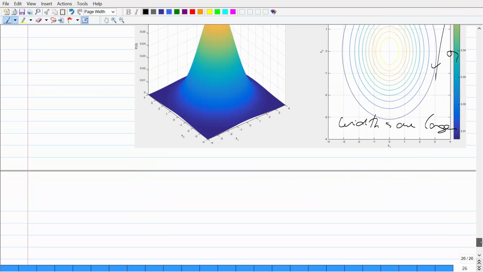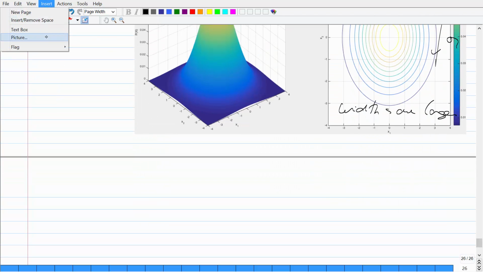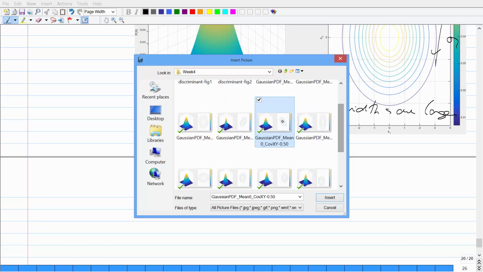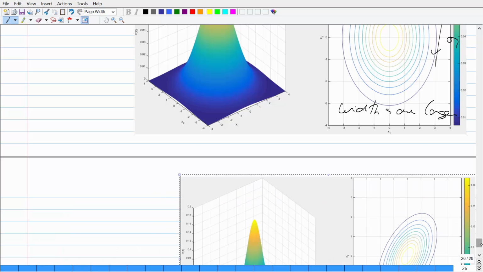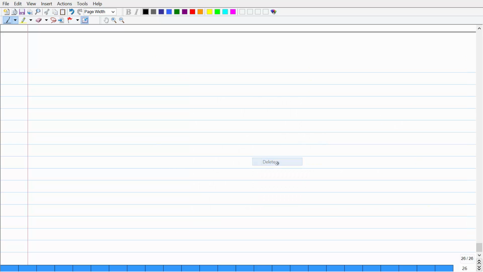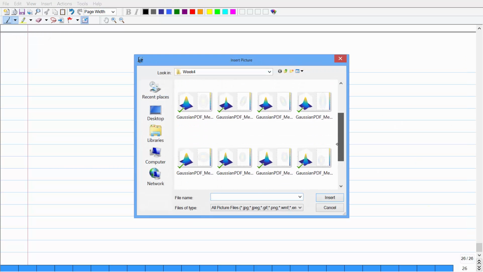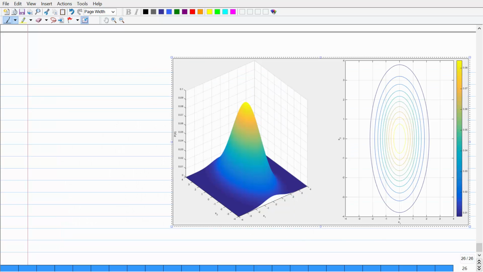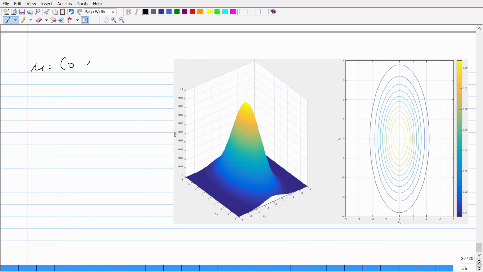Let's say there is some correlation between them. What happens if I introduce some correlation inside? Actually, before I do that, I'm going to introduce something else here. Let's say the mean is 0, 0 again, and I'm going to make one of the variances slightly larger than the other.